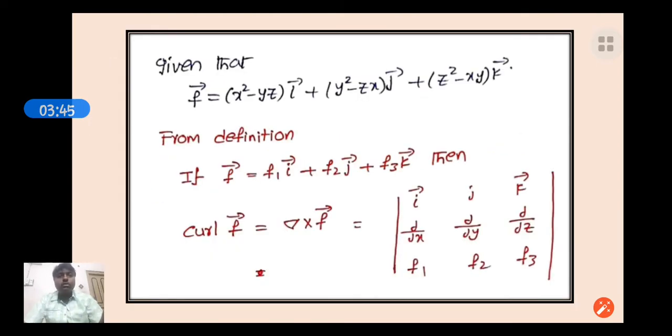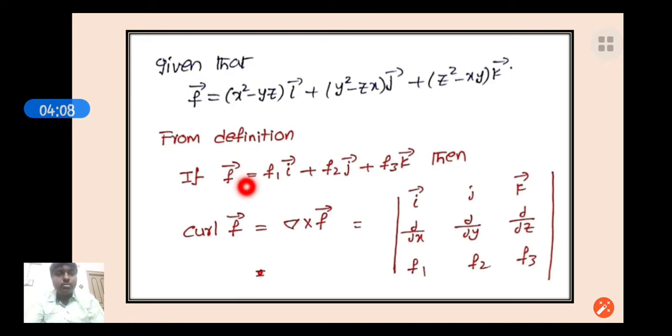Now go through the first part. Given that f bar is equal to x square minus yz i bar plus y square minus zx j bar plus z square minus xy k bar. This is our given vector point function. First I try to show that it is irrotational.